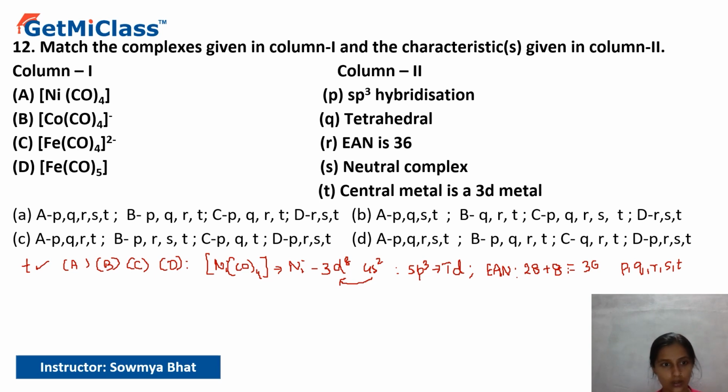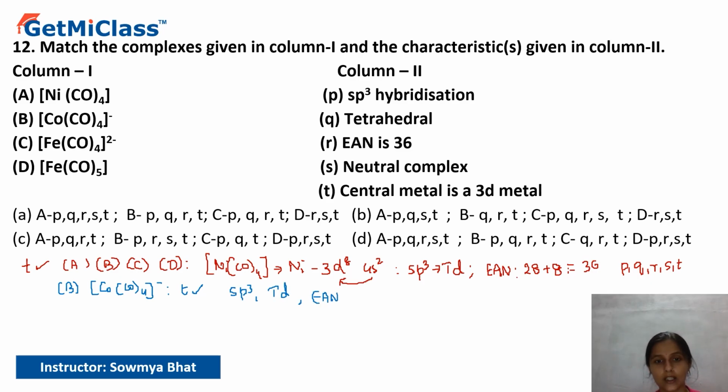Then the second complex, that's B, Co(CO)4 minus. Option T is valid, and again it undergoes sp3 hybridization. That's also correct. If it is sp3 hybridized, then the shape would be tetrahedral.